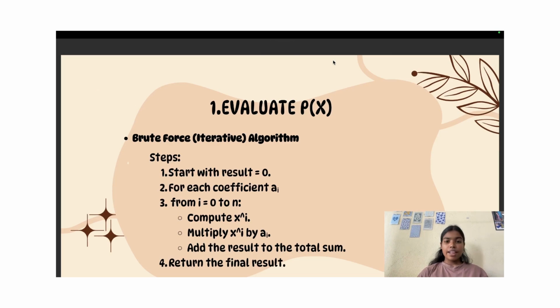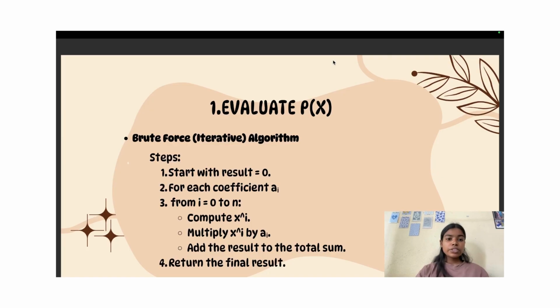First we will evaluate P(x) by the brute force iterative algorithm. Steps are: we start with result equals 0. For each coefficient a_i, from i equals 0 to n, compute x to the power i, multiply x to the power i by a_i, add the result to the total sum, and at last return the final result.